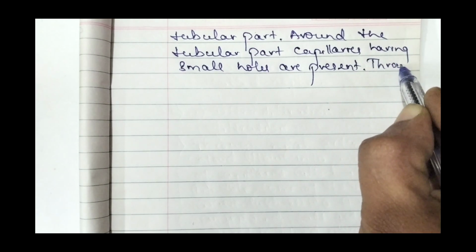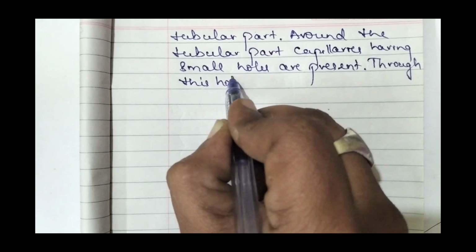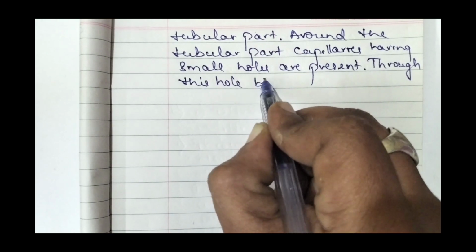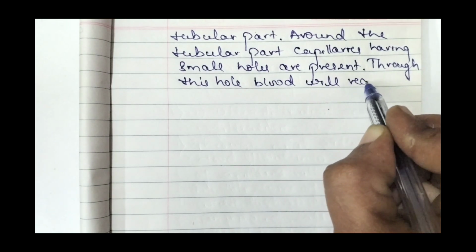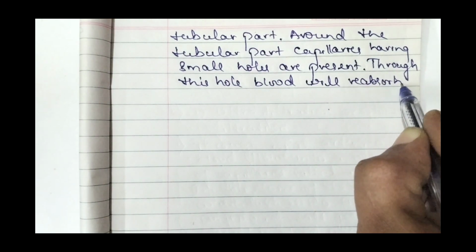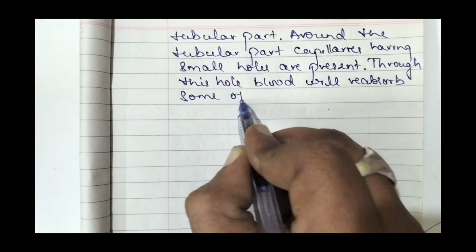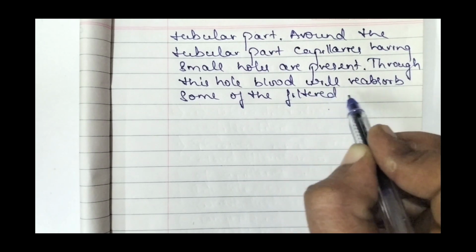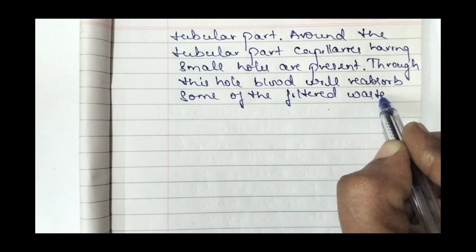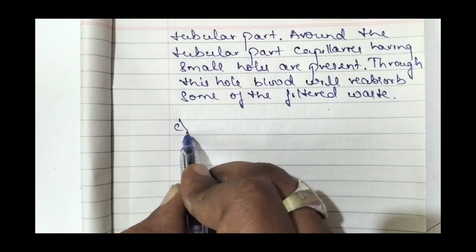Through these holes, blood will reabsorb some of the filtered waste. And this is called tubular reabsorption, or selective reabsorption.